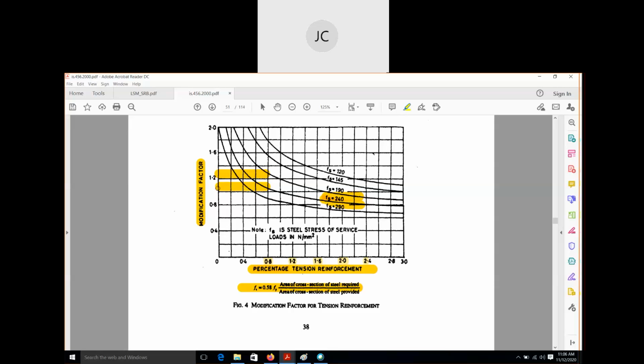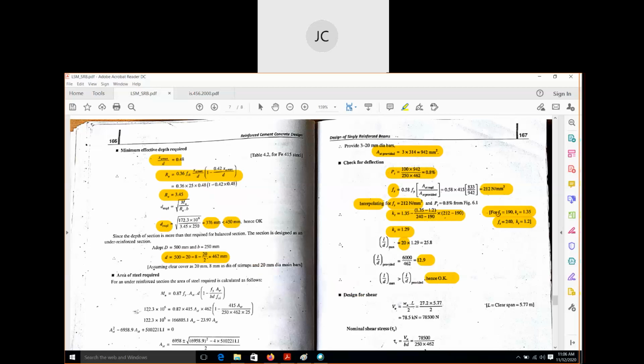Okay, so now we have two values of k, one for fs equal to 190 and one for fs equal to 240. But now we need a value at fs equal to 212. You can see the procedure here. For fs equal to 190, the k value is 1.35, and for fs equal to 240, the k value is 1.2.